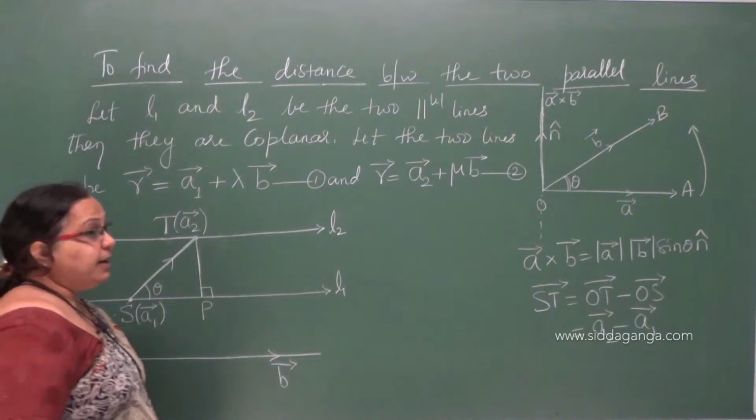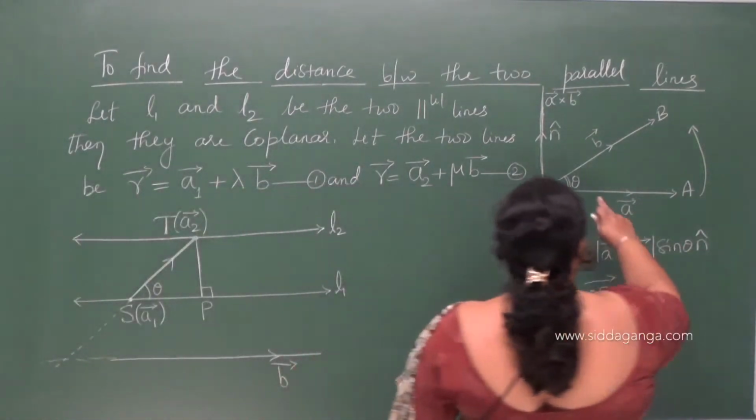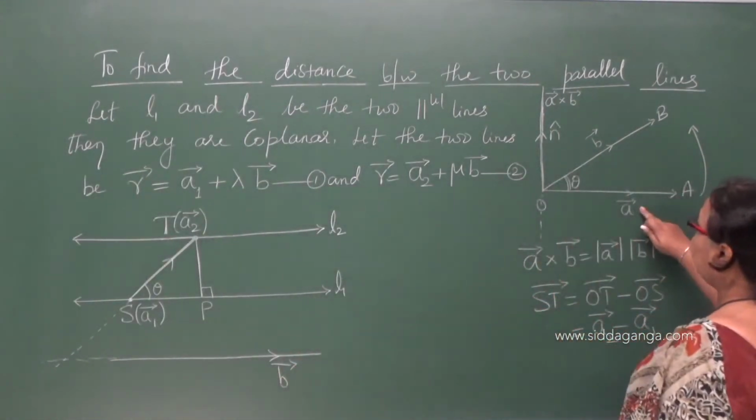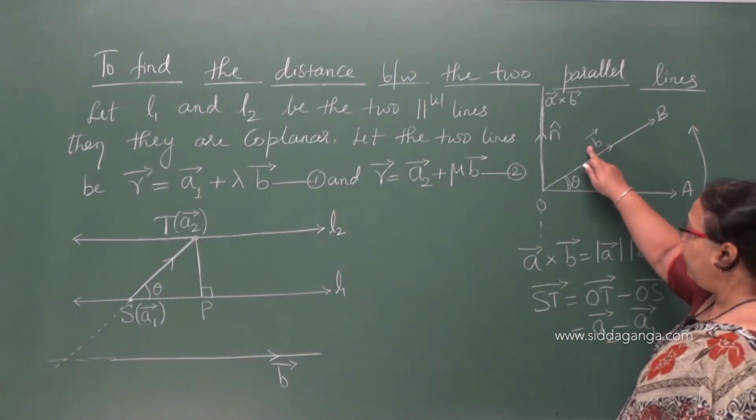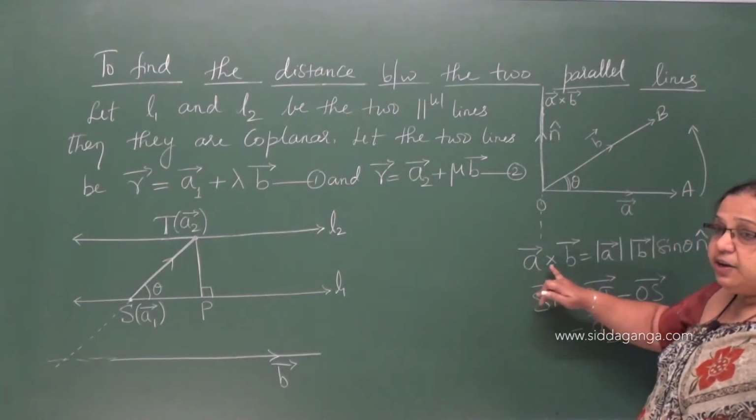Earlier, we let theta be the angle between vector a and vector b and we defined a cross b.